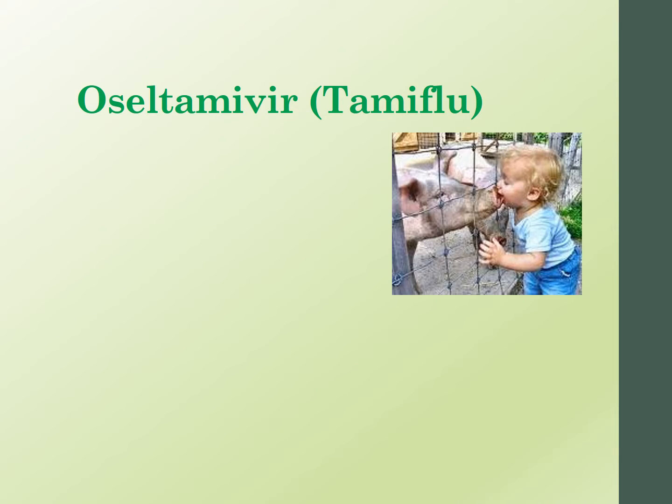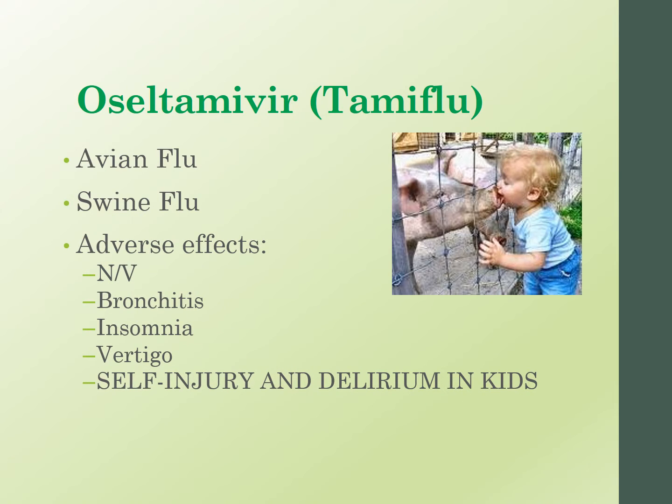And we possibly could treat that with Tamiflu. It will also help to treat the avian and the swine version of that. It does have adverse effects like nausea, vomiting, bronchitis, insomnia, vertigo, and it can cause self-injury and delirium in children.